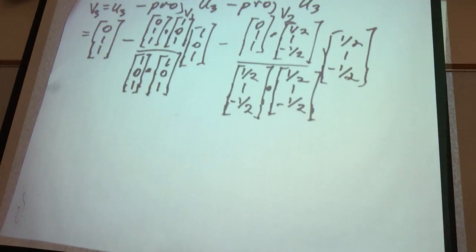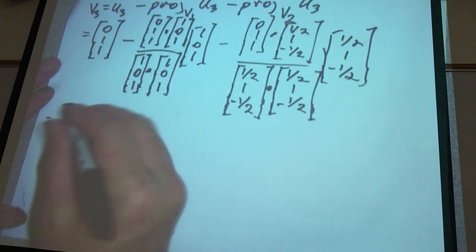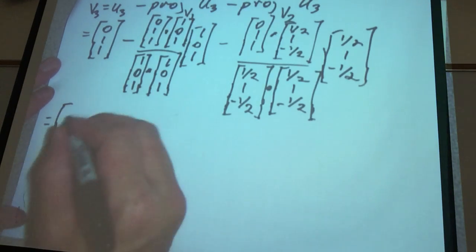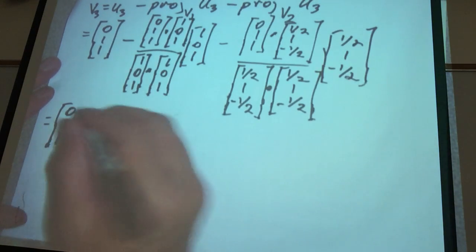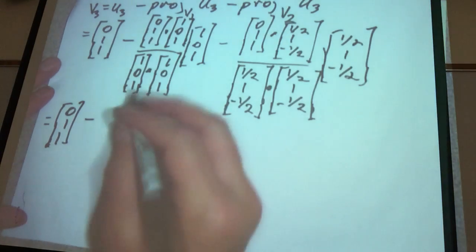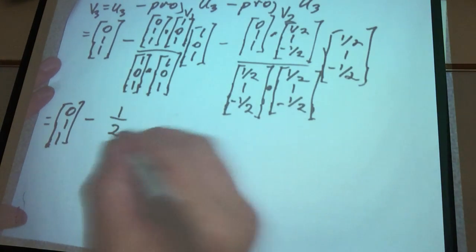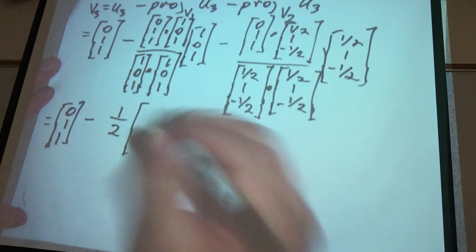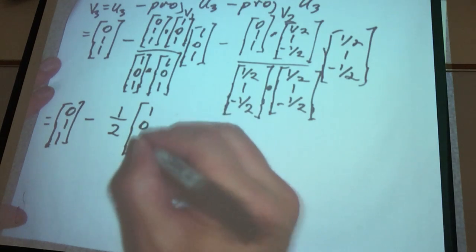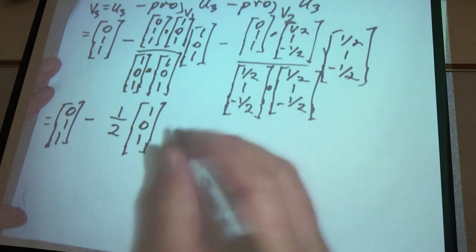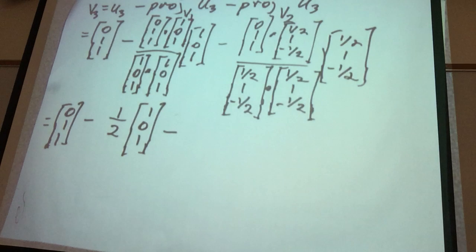Okay. So this would become, you just see that guy alone right there? That's 0, 1, 1. That'd be 1 divided by 2. So what's going to appear on the top of this fraction?